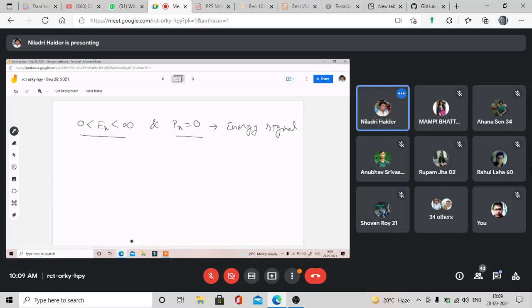Similarly, the opposite of that will be the power signal. Means in that case, energy will be infinite and power will be finite. Then this is a power signal.